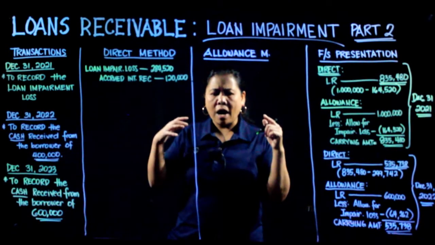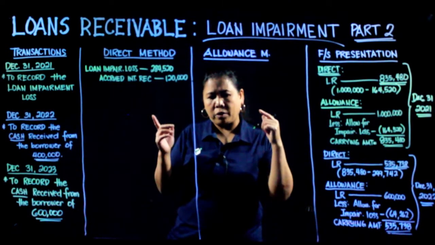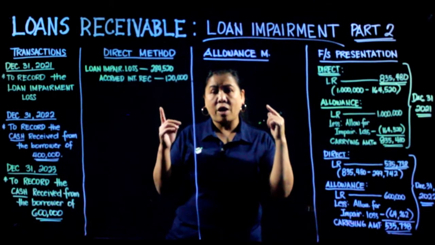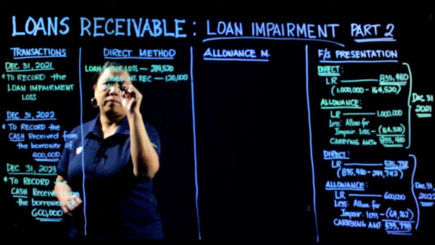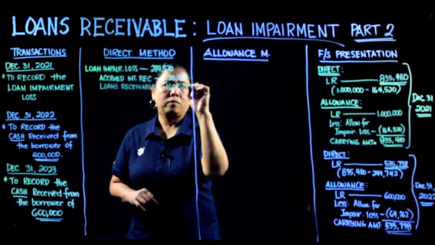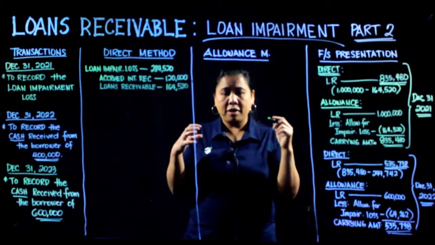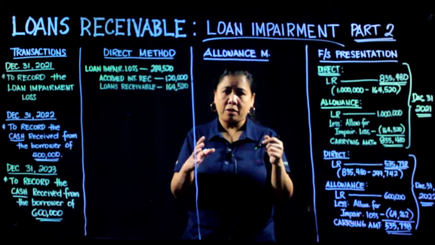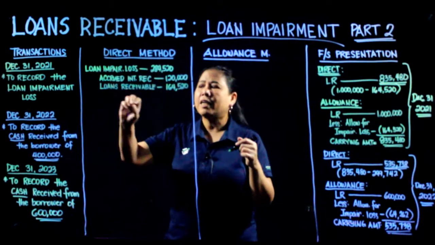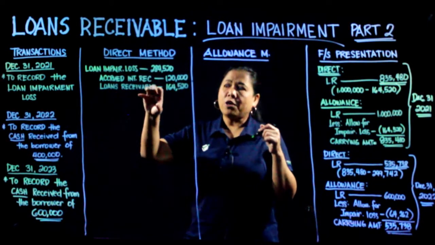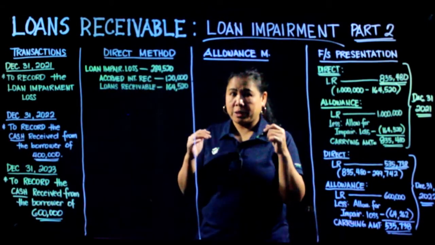Alright? So, ang aalisin natin dito sa loans receivable ay 164,520. Alright, yan po ang ating entry kapag ang ginagamit natin na method ay direct method. Inaalis po natin yan directly from our loans receivable.